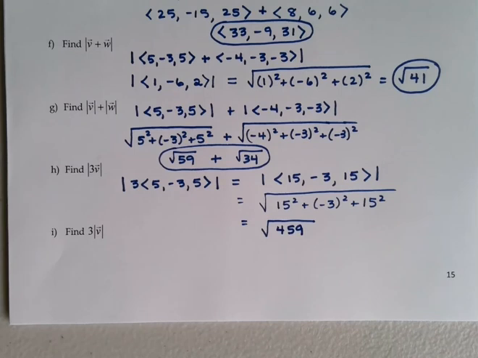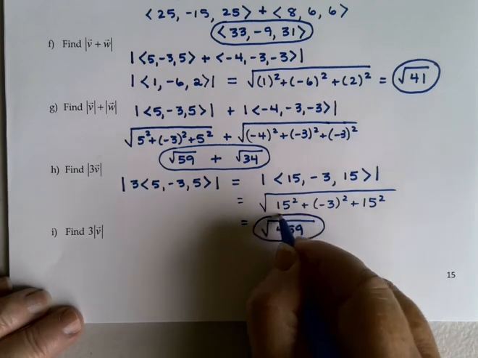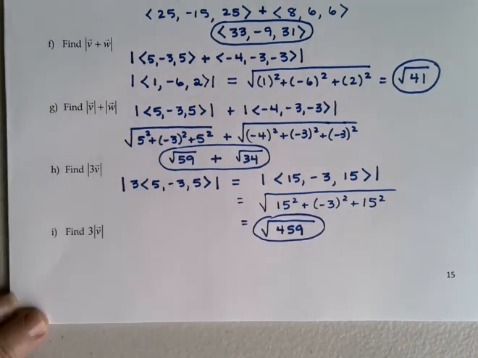And I think I may actually be able to simplify that, but I'm not going to bother. I don't worry too much about simplifying radicals. I think 9 goes into that, but you can mess with that if you want to. I'm going to leave it. This one asks us to take 3 times the magnitude of v, and I might be sorry when I compare, but we'll see.